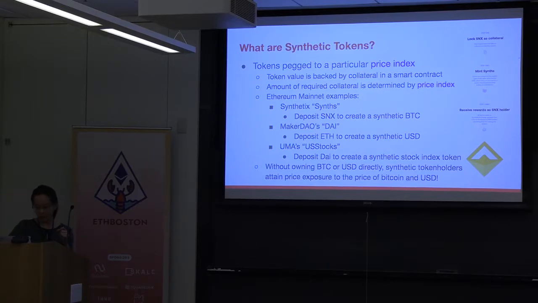And the really important reason that we care about synthetic tokens is that you never have to actually own USD, you never actually have to own Bitcoin, you never actually have to own a particular stock index in order to actually get price exposure to those indices, right? So this is why we think they're super interesting.